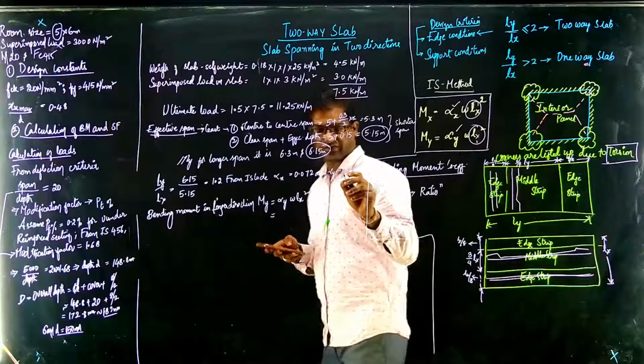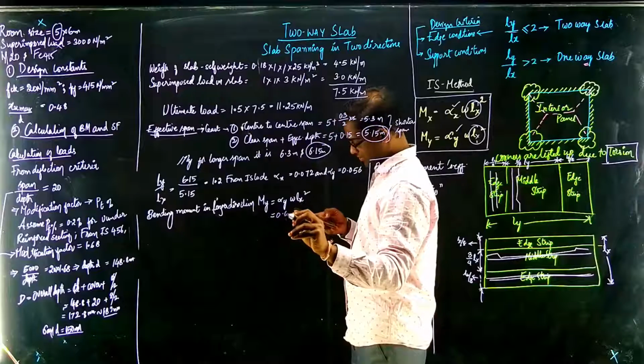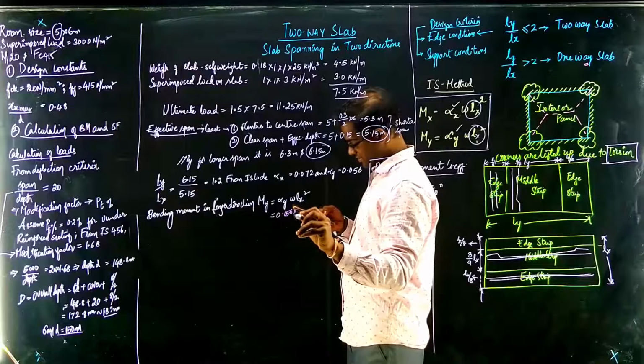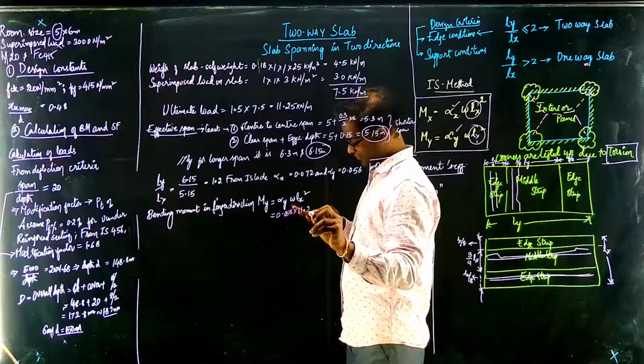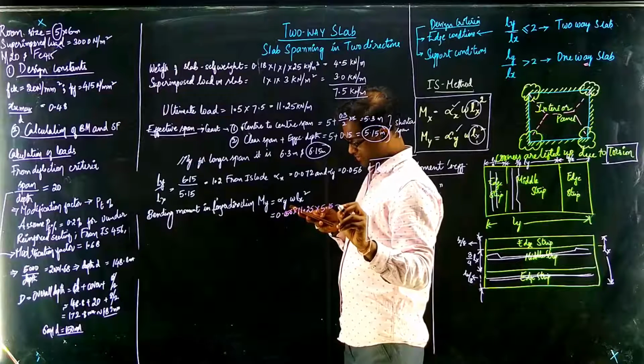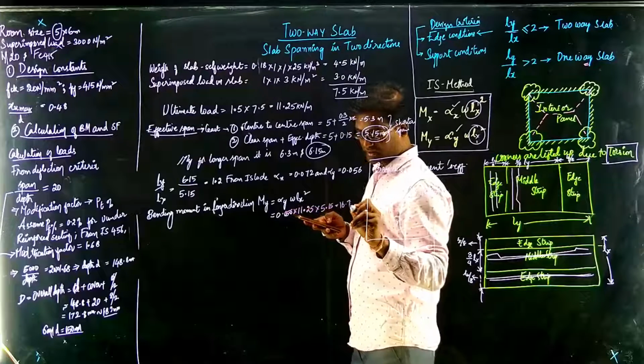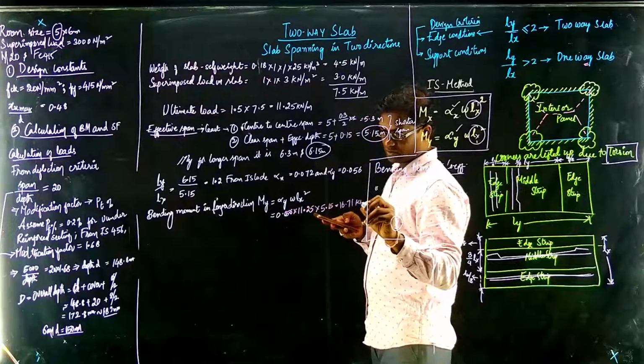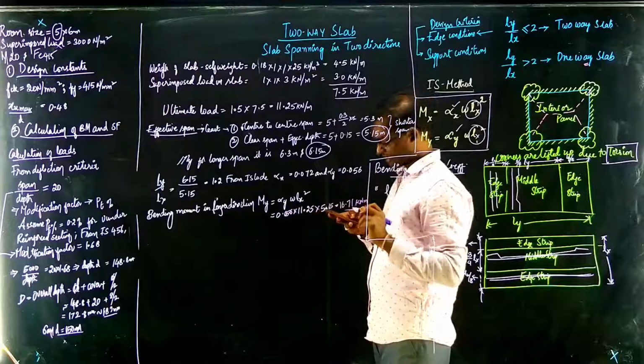Alpha y we have evaluated as 0.056, W is 11.25, and Lx is 5.15, and we get this as 16.71 kilonewton meter.